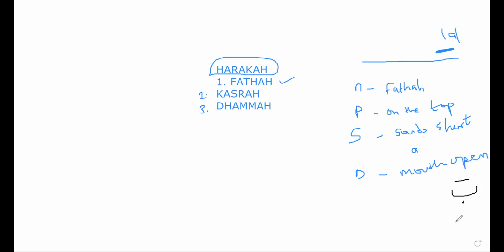Yes, please. Okay, so it becomes what? Ba. What letter is this one? What is the sound of this letter? Ja. With Fathah, so it becomes what? Ja. Okay, this is Ba. Ja. Now, if I write this one, how do you pronounce it?